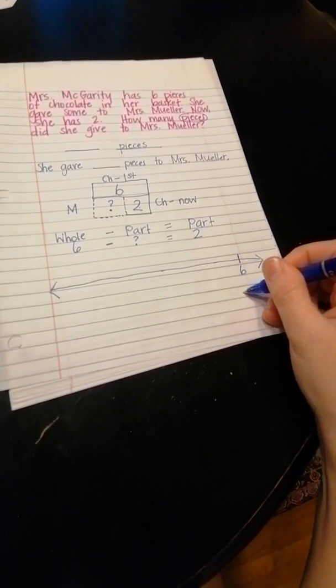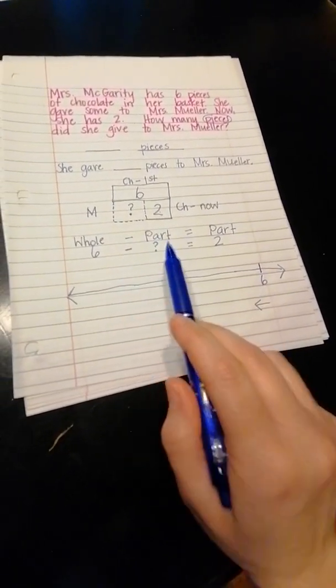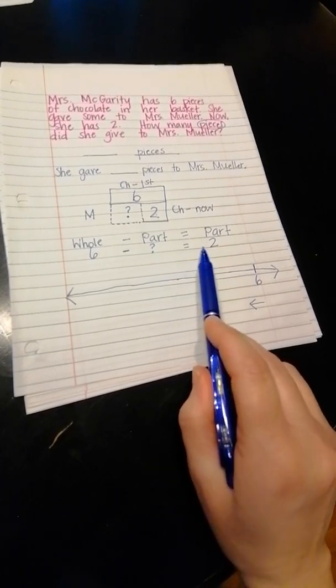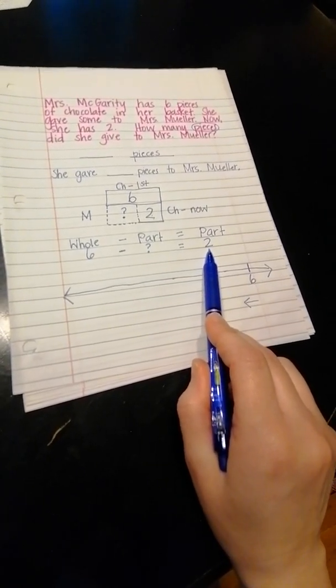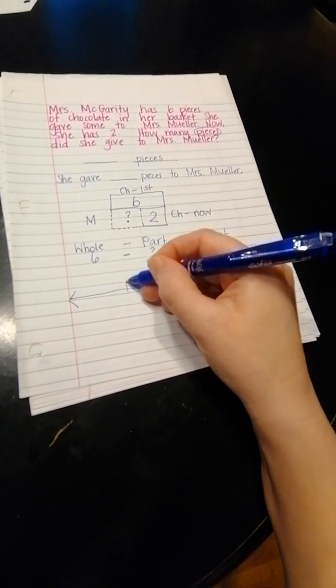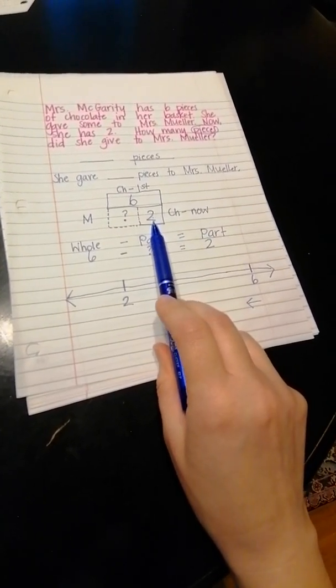So I know I'm going to go this way on my number line, because it tells me I'm going to count back. But I don't know how much I'm going to count back. But I know I'm going to land at 2. That's where I'm going to land. So here is where I'm landing. I know I'm not going anywhere past that, because that's how many pieces of chocolate we have now.